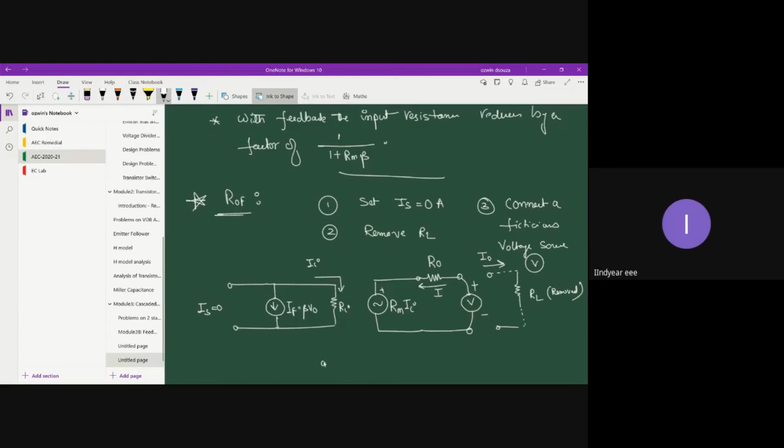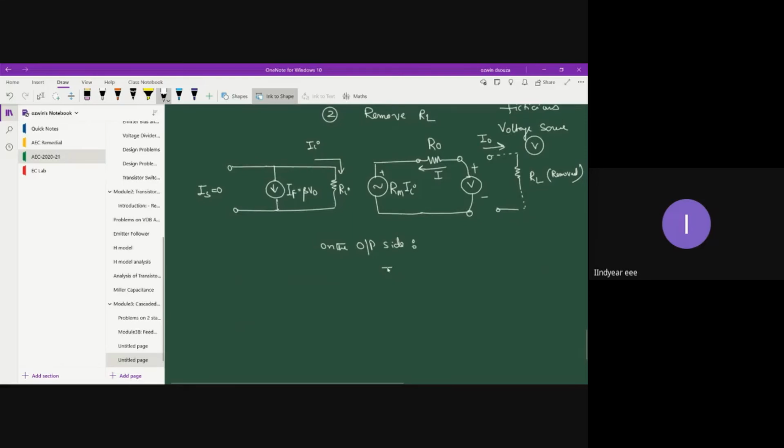Okay, so remember, on the output side, we have I is equal to minus I naught. Okay, I is equal to minus I naught. Okay. Next, you can apply KCL at the input side. Okay, when you apply KCL on the input side, you would get incoming current is equal to summation of outgoing current, that is If plus Ia.